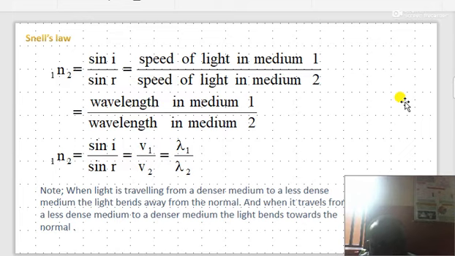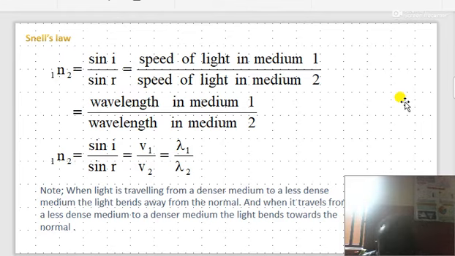So the refractive index of medium 1 to medium 2 is written as 1n2 and is equal to sine i over sine r, also equal to the speed of light in medium 1 over speed of light in medium 2, and also the same as the wavelength in medium 1 to the wavelength in medium 2.